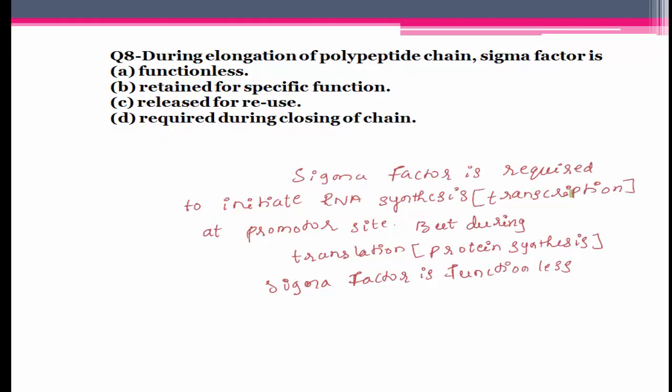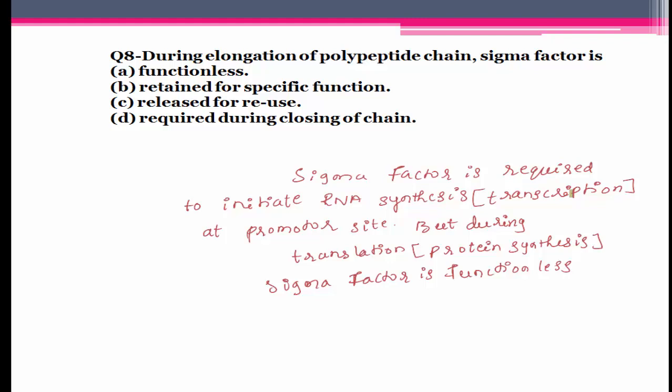During the elongation of polypeptide chain, what is the role of sigma factor? The given question is about elongation of polypeptide chain. Then what is this polypeptide chain? A polypeptide chain is nothing but a long chain of amino acids interconnected by peptide bonds, and a polypeptide chain is nothing but a protein molecule.